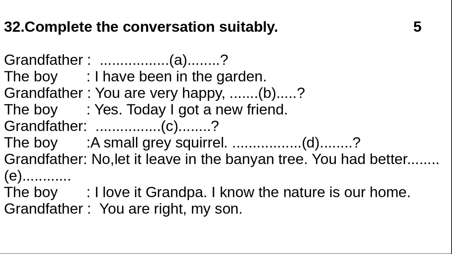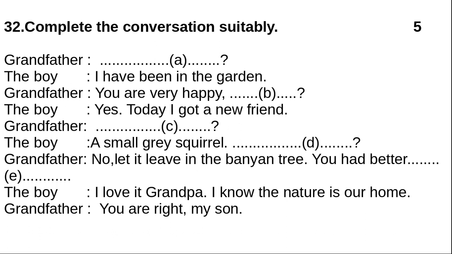Then you can add a tag, right? Okay, what's the tag there? You are, aren't you. We have discussed the question tags. And then see, there's a question and the answer is a small gray squirrel. What will be the question? Yes, who is that?